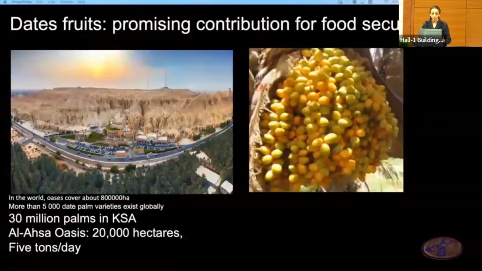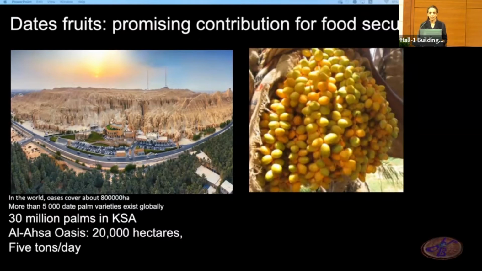I think the palm is a very promising contributor to food security. Dates are very nutritious, very relevant to the kingdom, and most importantly, really available. There is not a shortage of dates.